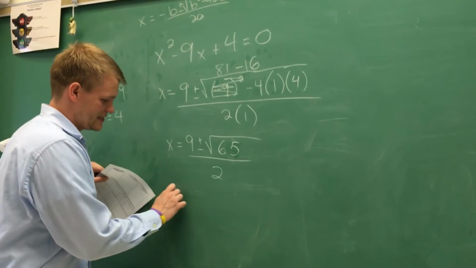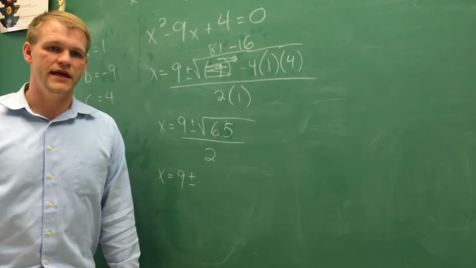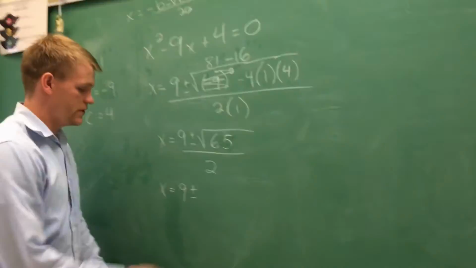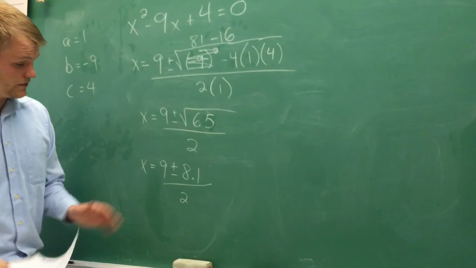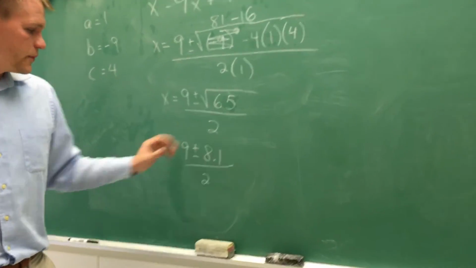So it's going to be x equals 9 plus or minus, round that to the nearest tenth, 8.1, over 2. So from this, when you get here, there's nothing more to do unless I separate the two problems.